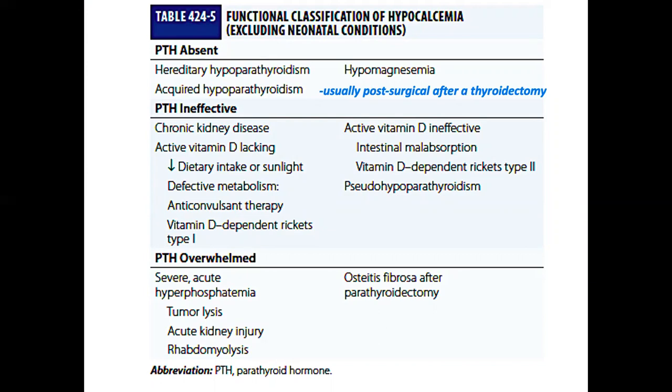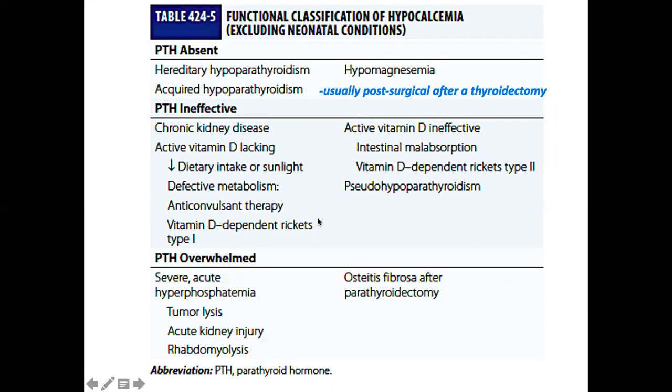Usually this is transient, but in worst cases when the surgeon is unable to avoid taking out 1 or 2 of the parathyroids, patients can have permanent hypoparathyroidism that usually lasts more than 6 months from the time of operation.